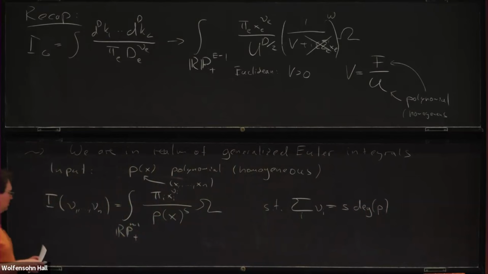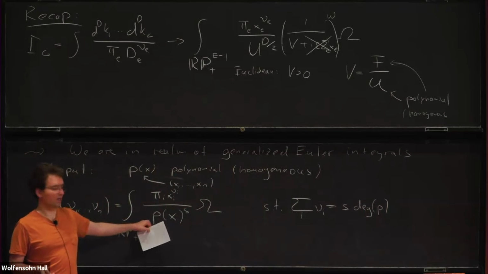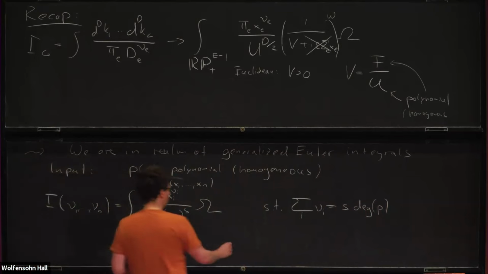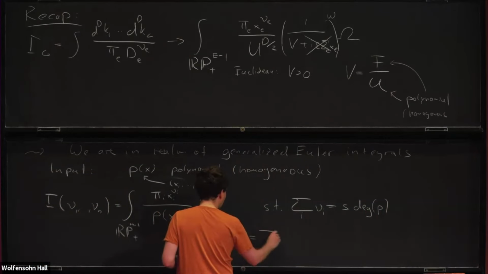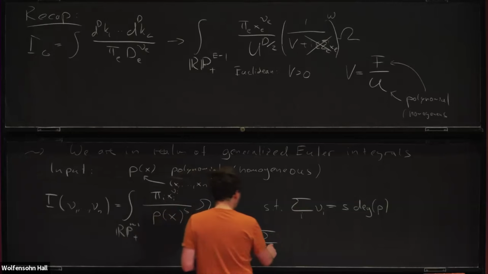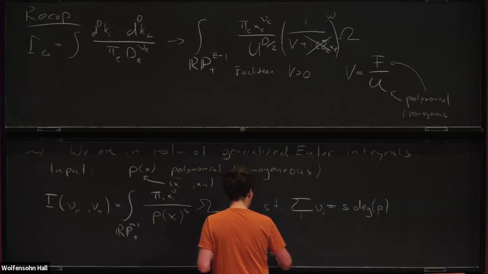The requirement is that the coefficients of this p polynomial are positive. So p of x is some polynomial, and it has some indices, and I use multi-index notation.